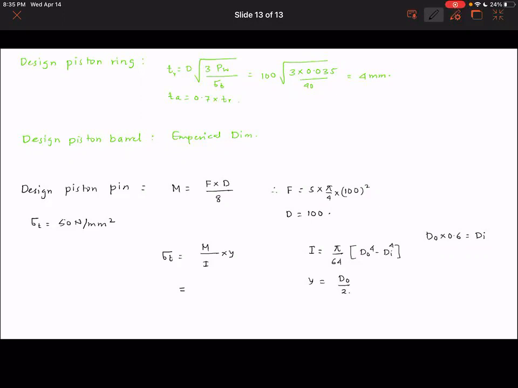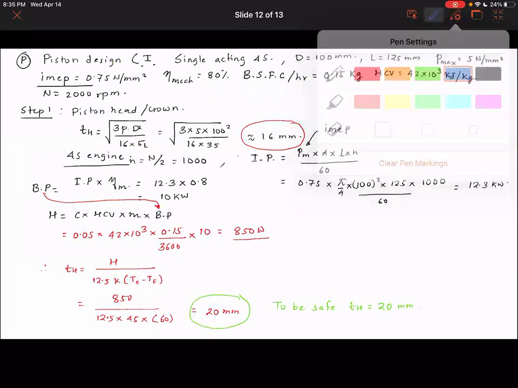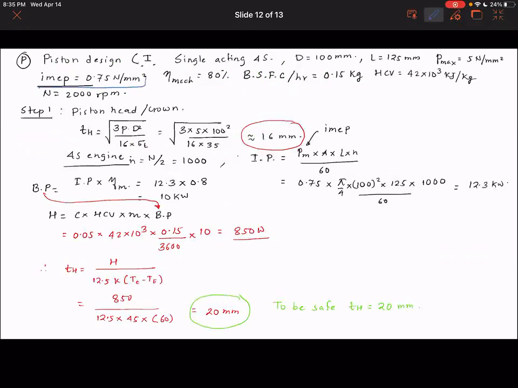Yes, to answer Daniel's question, if the bore diameter is not given, please understand you can find out the bore diameter from the information that is given to you. For an example, IMEP is given to you, then you know whether it's a 4-stroke or 2-stroke engine.